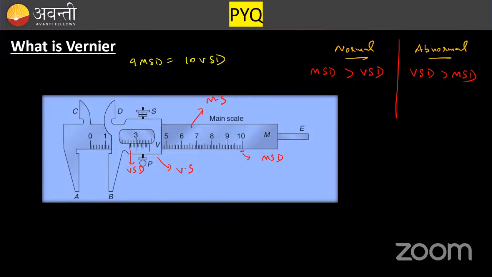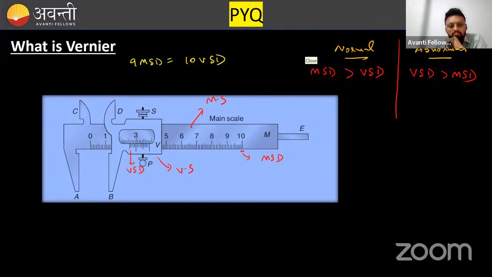Abnormal. Clear? Why abnormal? Think again. Varun is saying abnormal. Think again, Varun. It's normal.